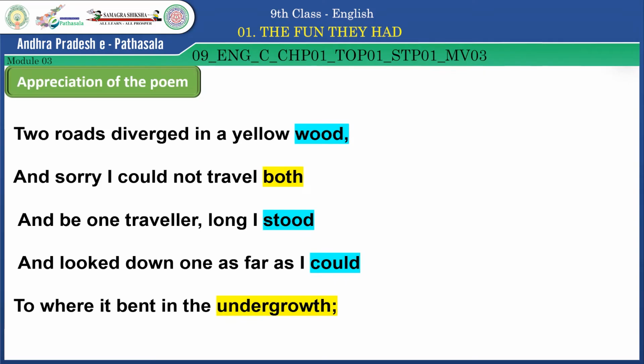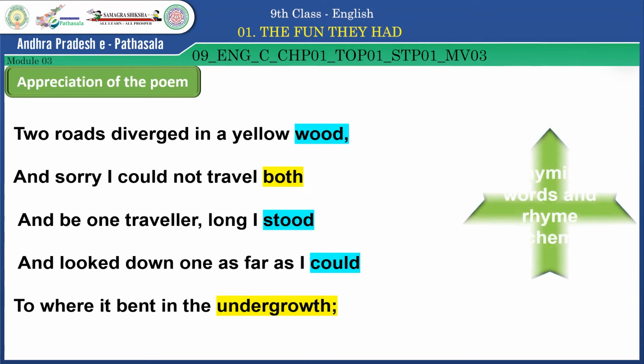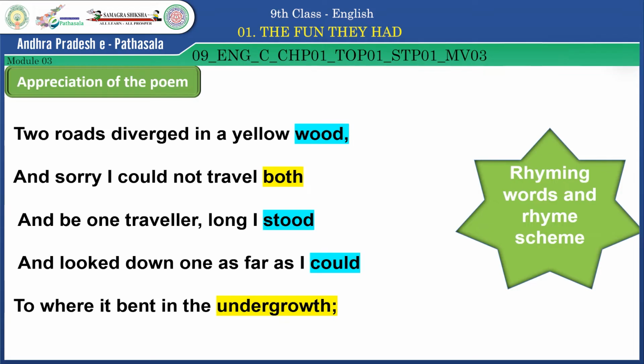Do you know how to mark the rhyme scheme for these lines? Have a look here. If we give the word would A, and the next word doesn't match with the word, so we will mark this as a B. But the word stood rhymes with would, so let's give A to this again.